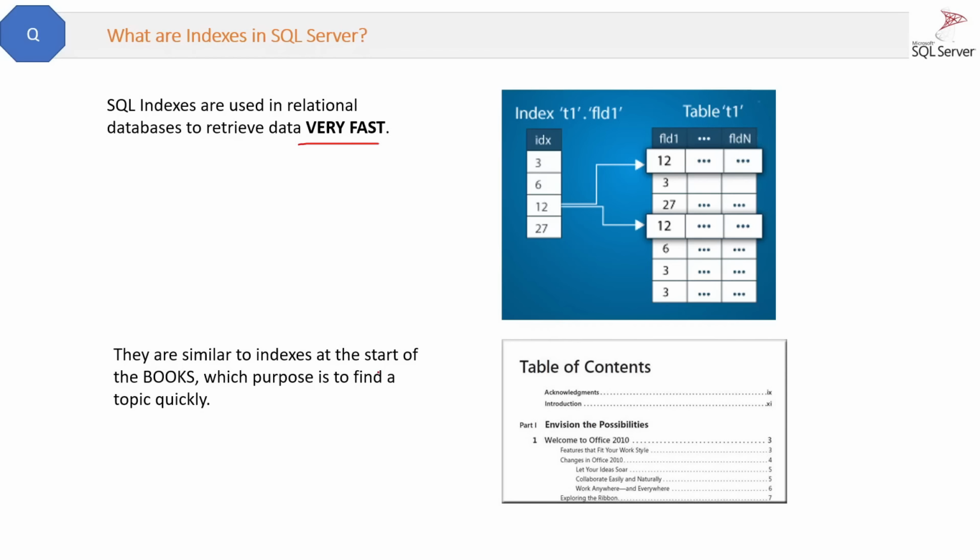A book index is an example of a non-clustered index. Like we have an index in the book, similarly we have an index in the tables, and it helps us identify where the data position is. That is the definition of indexes.